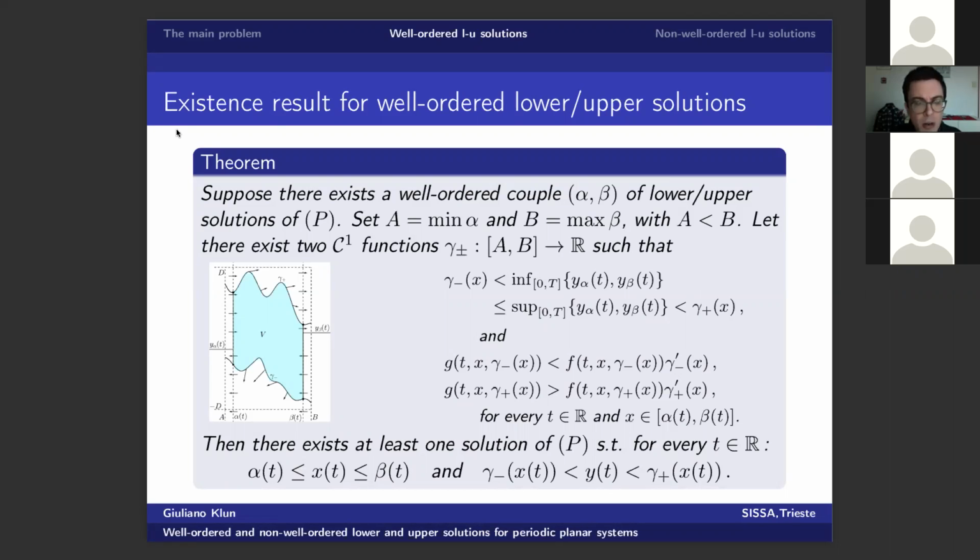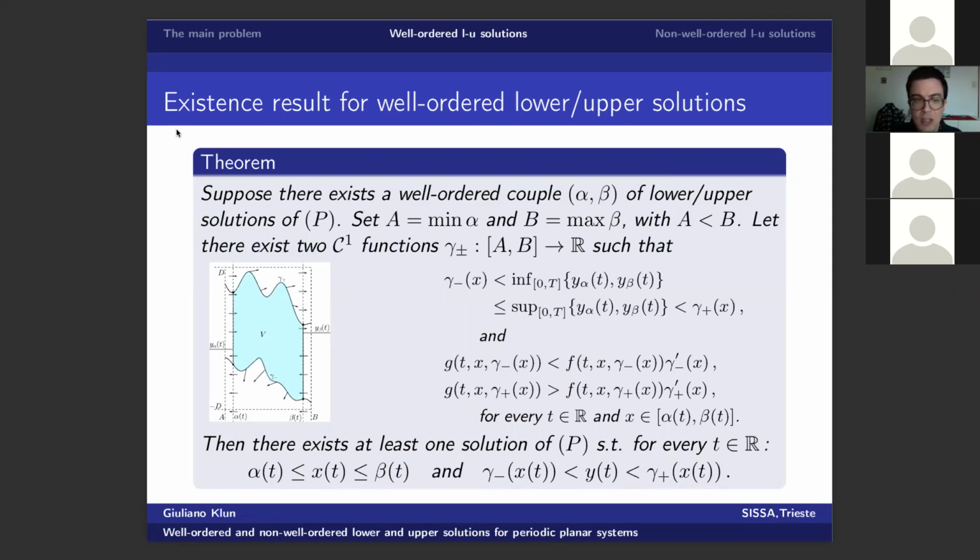And moreover, this inequality for g with respect to the product f times gamma' has to hold for every t in R and every x in [alpha(t), beta(t)].